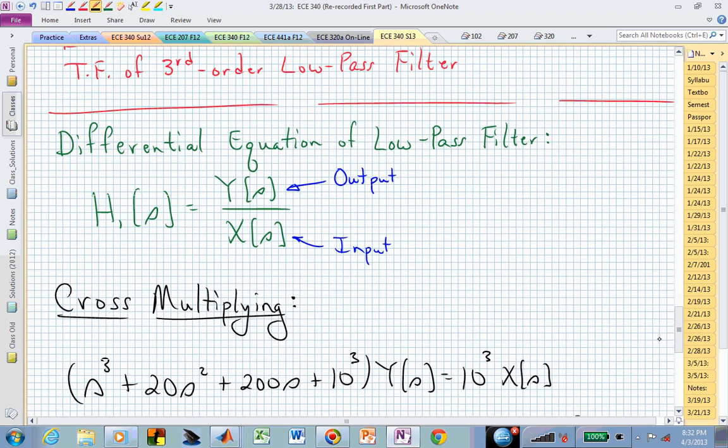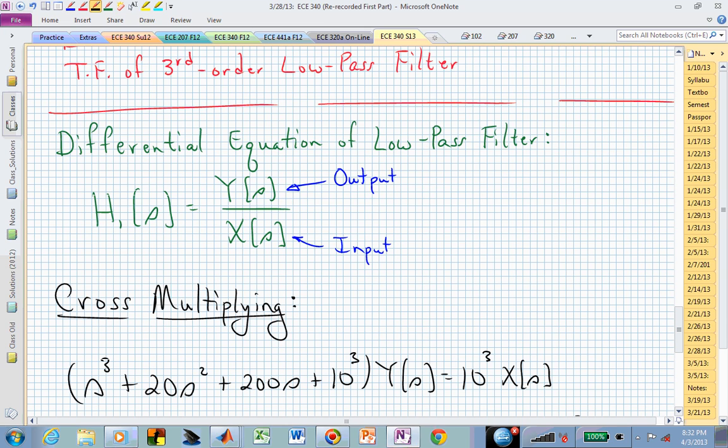Let's now go back to our lecture and start building up a differential equation associated with this third order low-pass Butterworth filter. What we want to actually do is create a state space representation of this system, and then we will be able to manipulate that state space or discretize that state space.